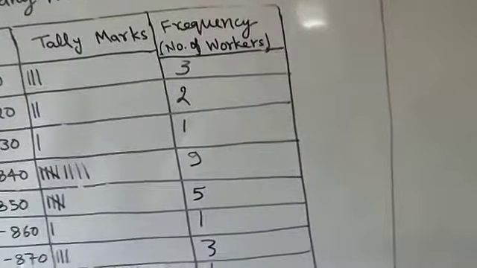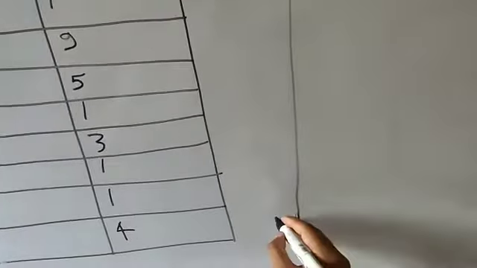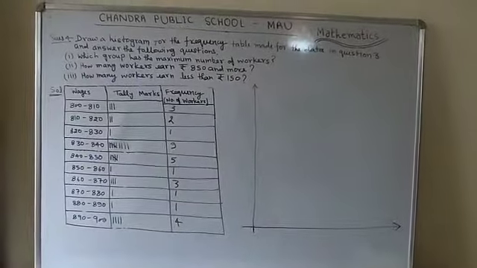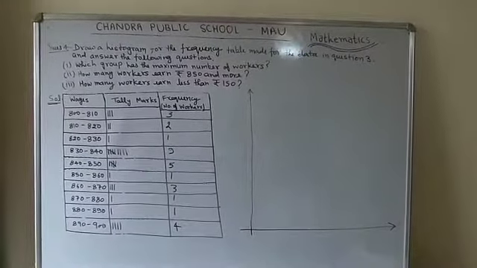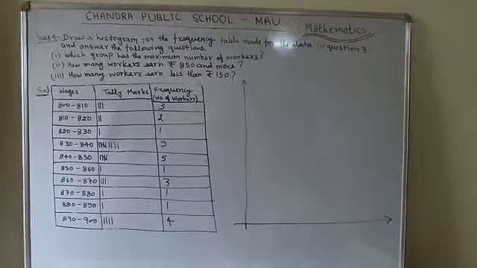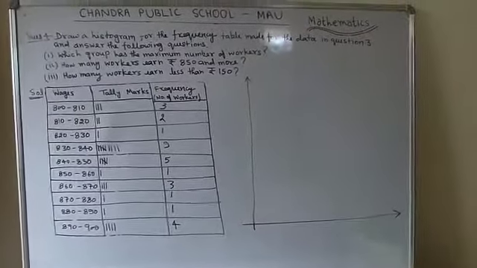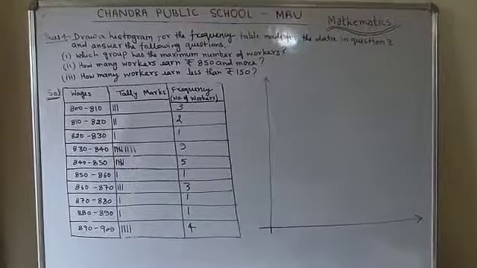So here I am going to draw the y axis, and here the x axis. Students, I am going to explain on the board, but I will send you an image of this question in which I drew that histogram on the graph sheet, along with this video.